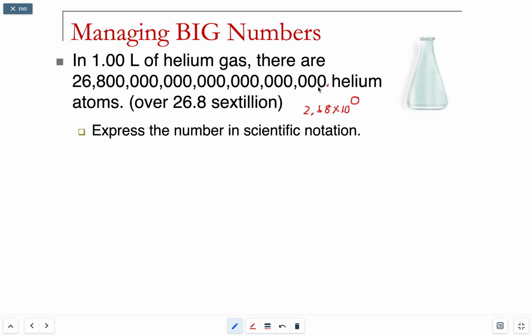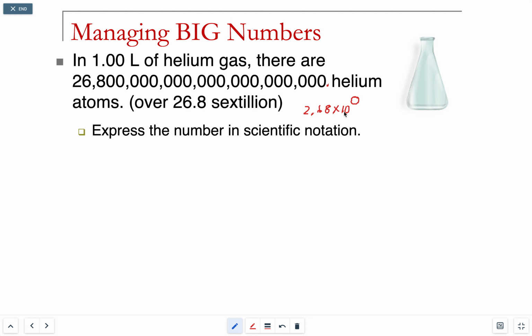Every time I move it to the left, I have to multiply by 10 so that I don't change the number. So for example, if I move this over 1, 2, 3, and now I remove those zeros, I've changed my number. To keep the number from changing, take all of this information and multiply by 1,000.